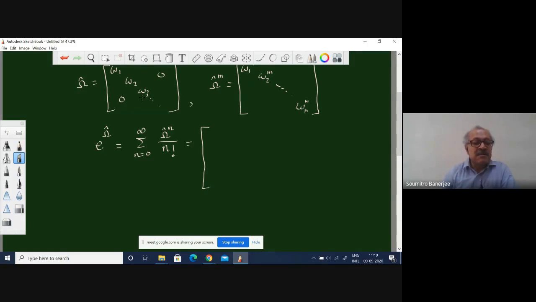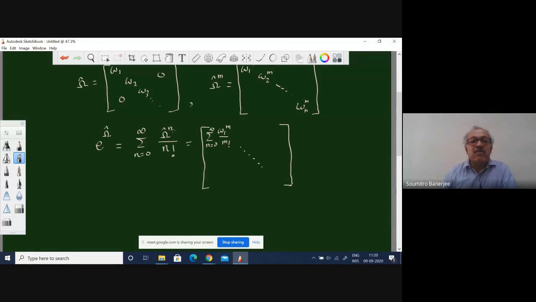I mean, like this. It will be in each position then, n equal to 0 to infinity. It will be omega 1 to the power m by m real, and so on and so forth.